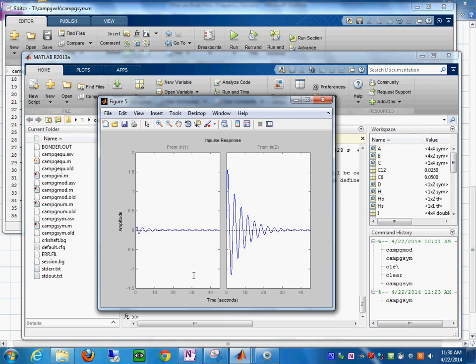So these are time domain responses. So what I was trying to say before is that automatically MATLAB has done this response in the time domain using the transfer function, which is in the frequency domain.